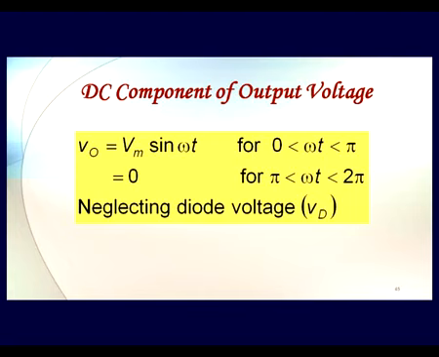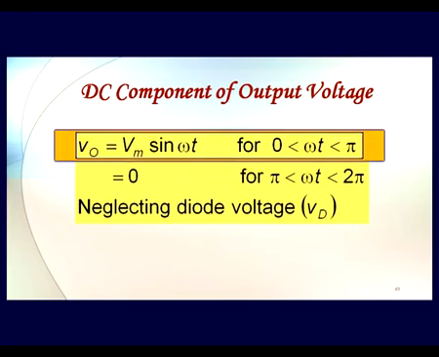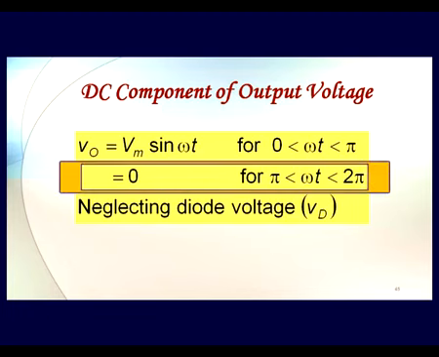A sine wave repeats after every 2 pi interval. So during one 2 pi interval, the output VO is Vm sin omega t for 0 to pi and 0 for pi to 2 pi.